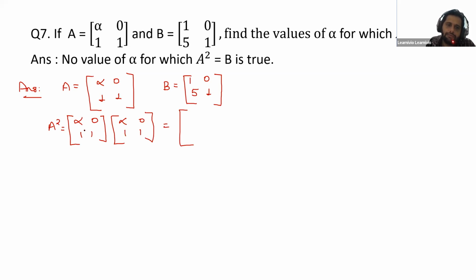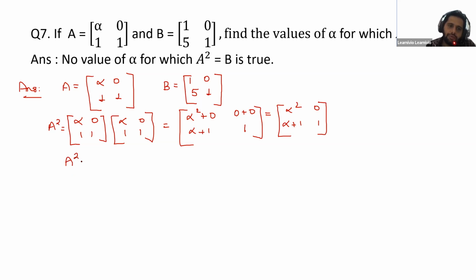We multiply first row, first column, which gives alpha square plus 0. Next first row, second column, 0 plus 0. Here we have alpha plus 1. Then here we have 1. So A square is equal to alpha square 0, alpha plus 1, and 1.